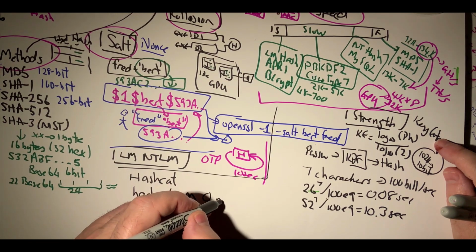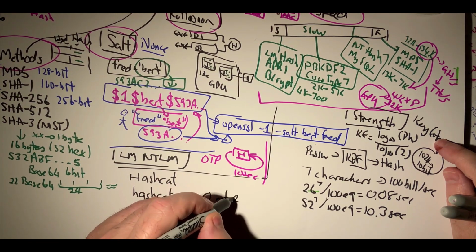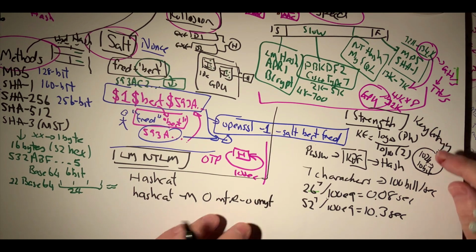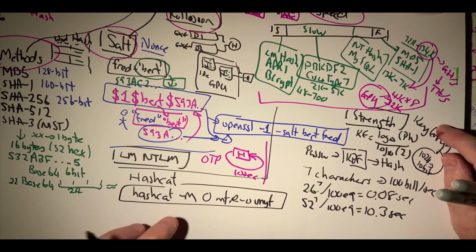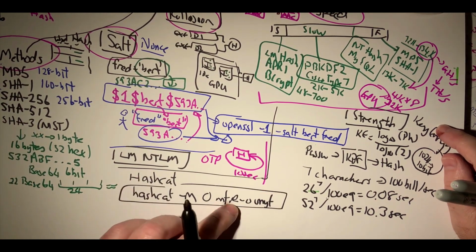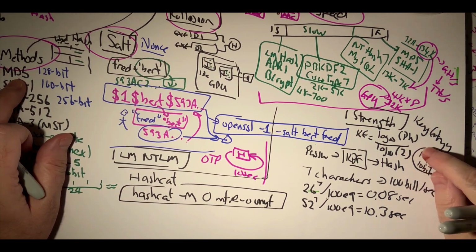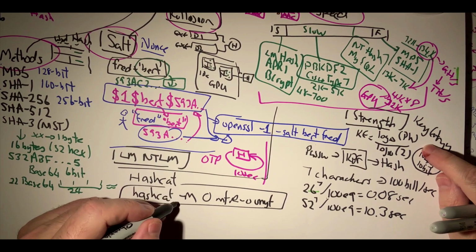Then we can take our file with a hash in it, and we can output into another file here. So this command will allow Hashcat to analyze the MD5 method.